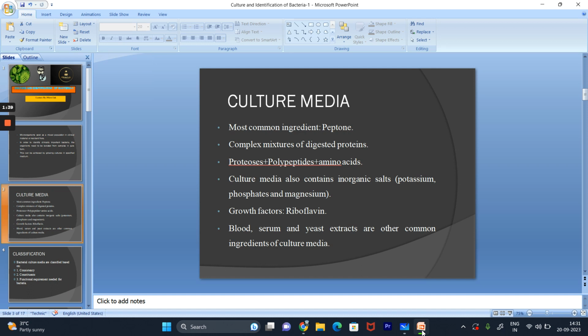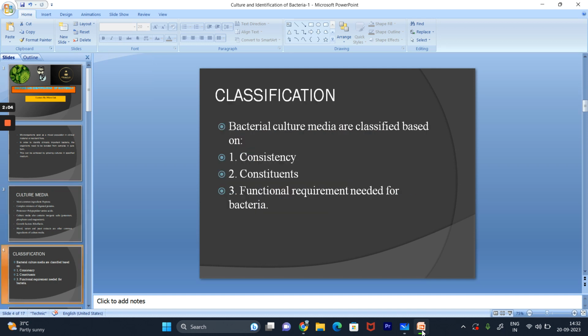Apart from the peptone, there are some inorganic salts as well, such as potassium, phosphates and magnesium. Some bacteria require special growth factors, such as riboflavin, and other microorganisms may need blood, serum, and yeast extracts for their growth.